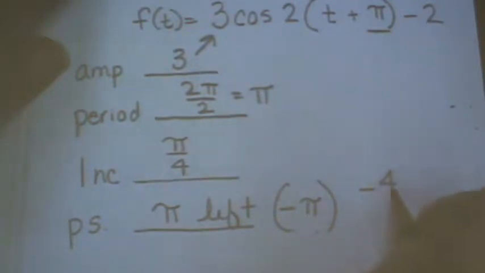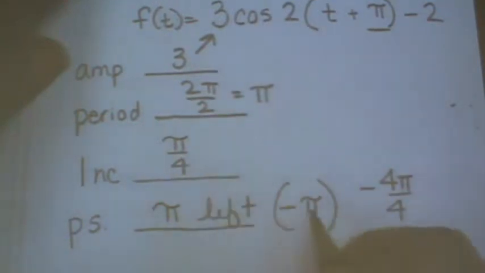It'd be negative 4 pi over 4. Does that make sense? You want to get this in fourths. So I multiply both top and bottom by 4. So you are going to start here. And then your vertical shift is down 2.